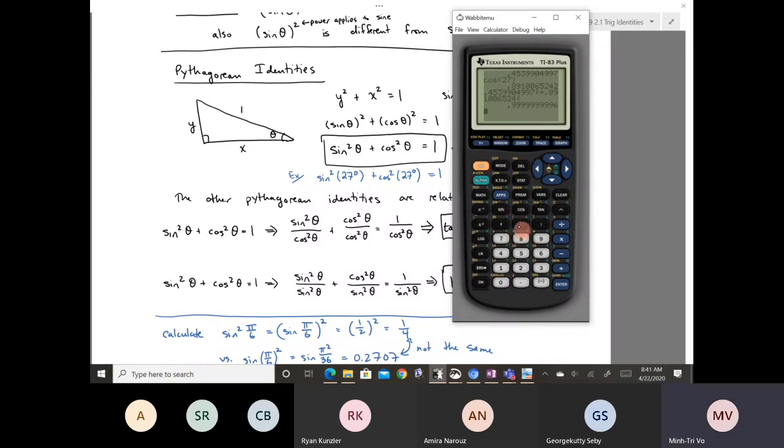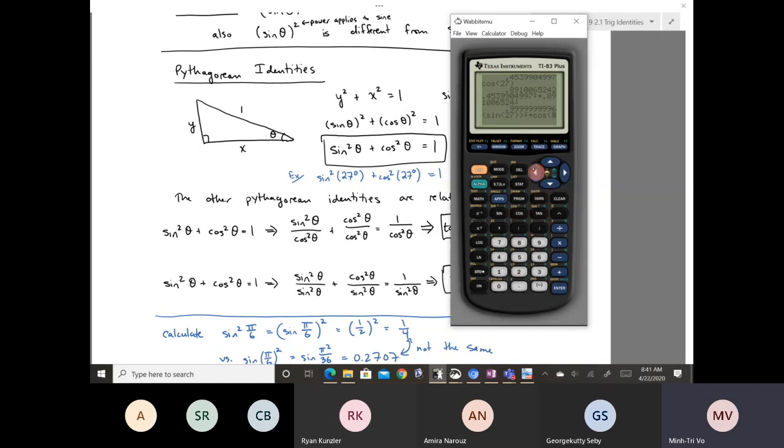I could just type the whole function in, right? So sine of 27 squared. As I said, when you square the trig function, you should really think of it like this. And then plus cosine of 27 squared. Oops, I need the extra parentheses.